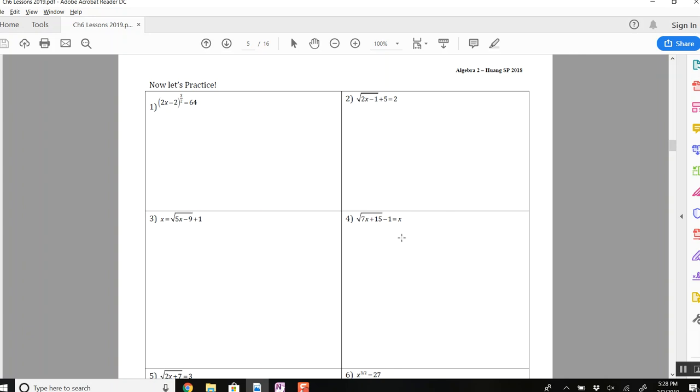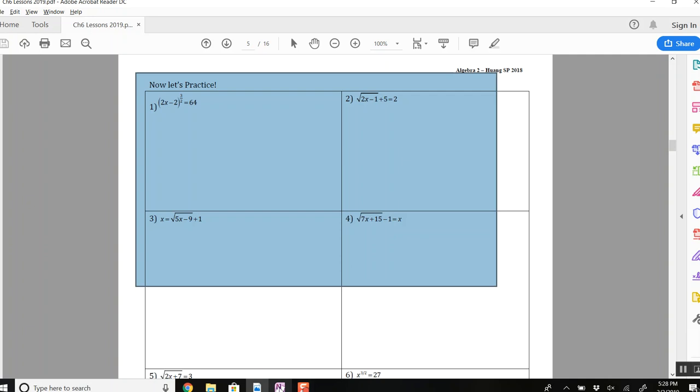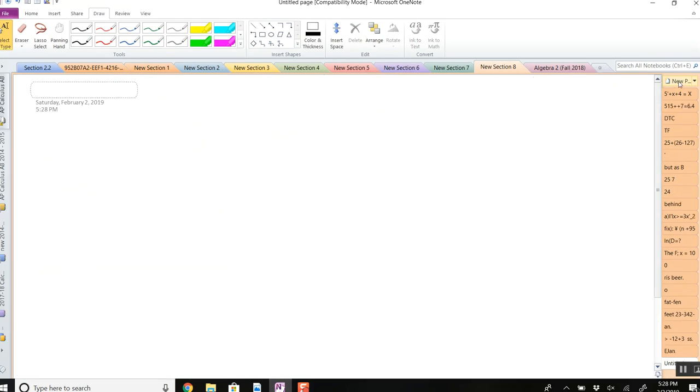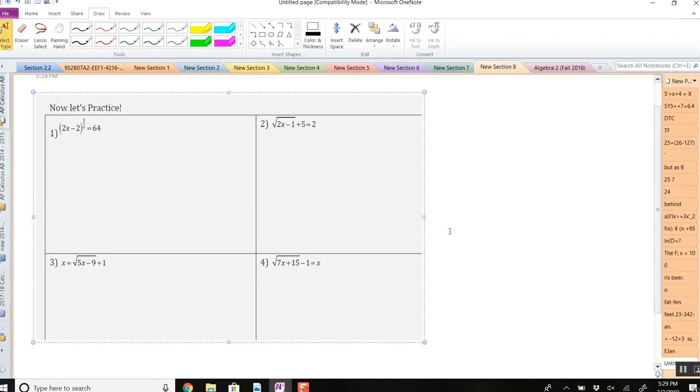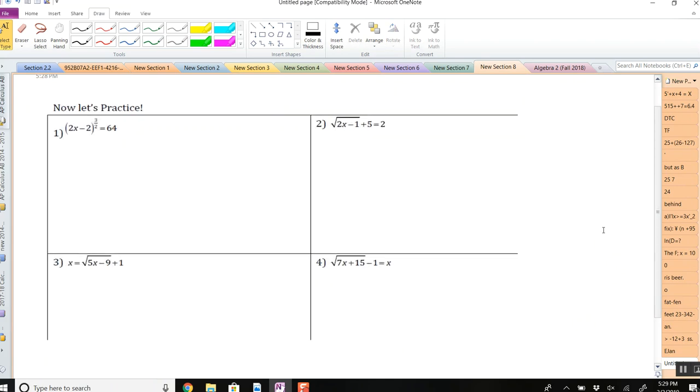Now I'm going to give you a hint. What you're going to want to do for number 1 is raise both sides to the 2/3 power. So you're going to want to raise both sides to the 2/3 power. You should be able to figure this one out.